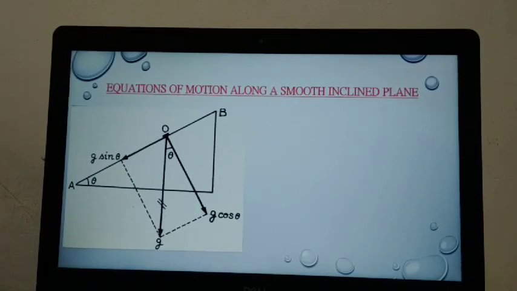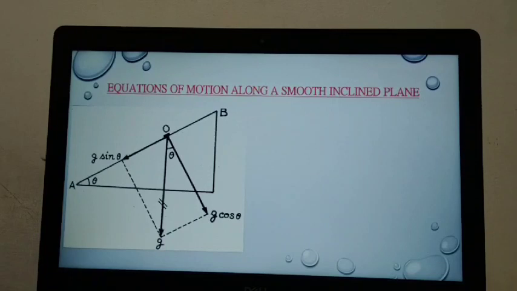So when the particle is sliding upwards, the acceleration will be minus g sin theta. If the particle is sliding down, then a is equal to g sin theta.